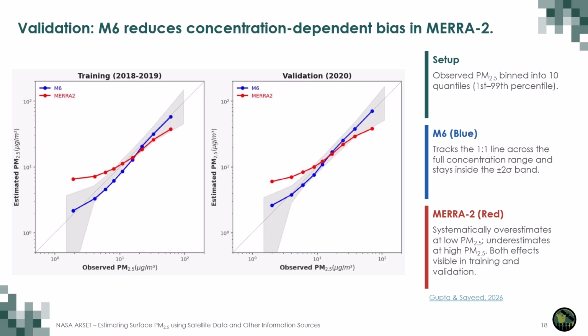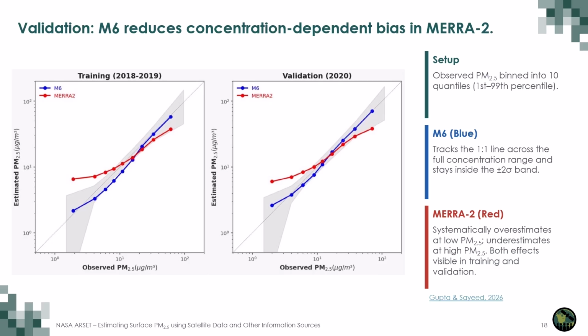We perform this evaluation by binning observed PM2.5 into quantiles and comparing model values across the full concentration range. The blue line represents the ensemble, which closely tracks the 1 to 1 line in both the training years and the independent 2020 validation. It generally stays within the plus minus 2 sigma uncertainty band.